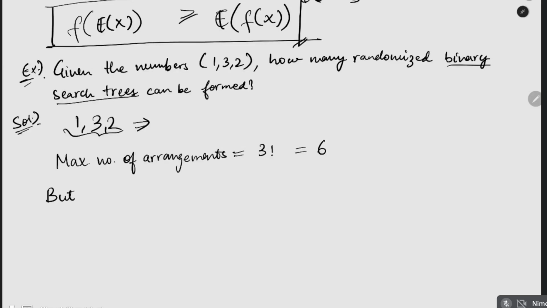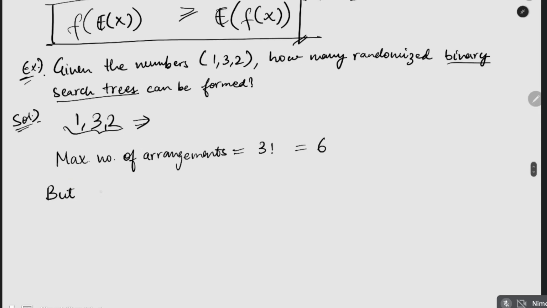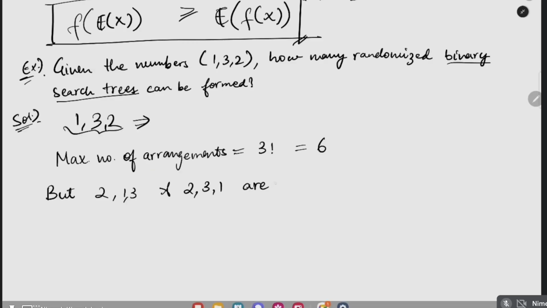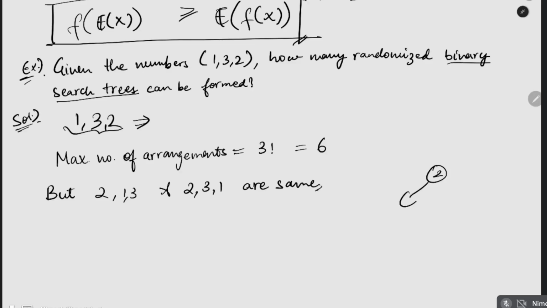But 2, 1, 3 and 2, 3, 1 are the same, right? Because essentially these two binary trees are the same.